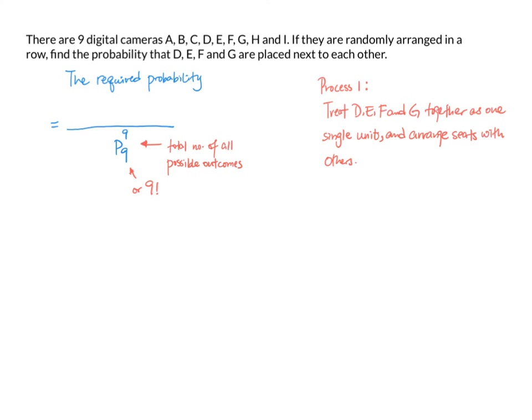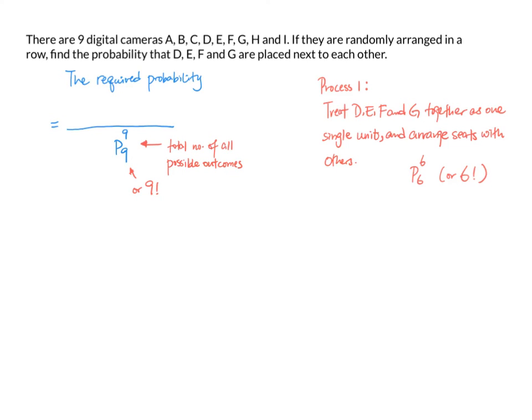The first step is we are going to combine all these 4 and treat it as one single unit. So that means we have 1, 2, 3, 4, 5, and 6 units put together, and that would be 6P6.